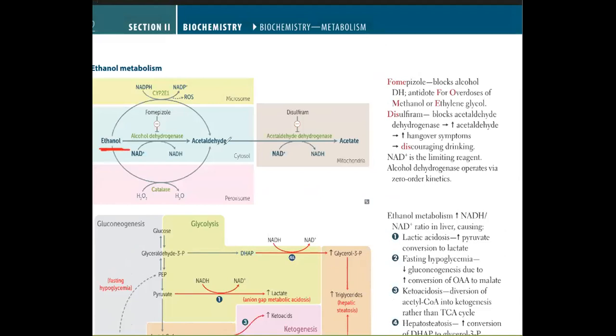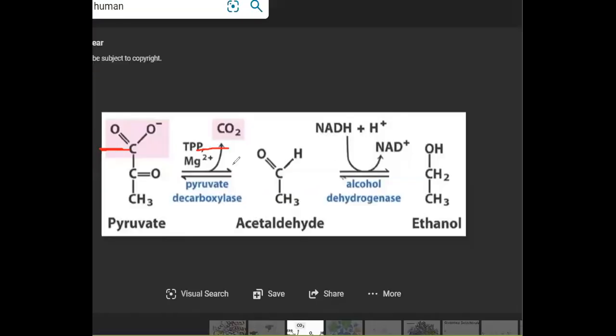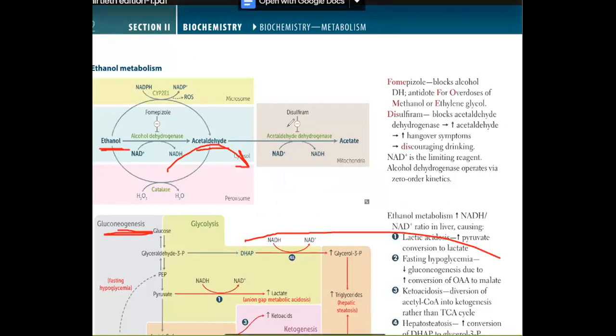So you see that ethanol is converted to acetaldehyde and acetaldehyde into ethanol, vice versa. In this picture you also have pyruvate, which is converting to acetaldehyde as well. And this pyruvate is the final product of glycolysis cycle. So pyruvate can be converted to this, and this can be converted to this and further. What it is helping you in is ethanol metabolism, which is really important.